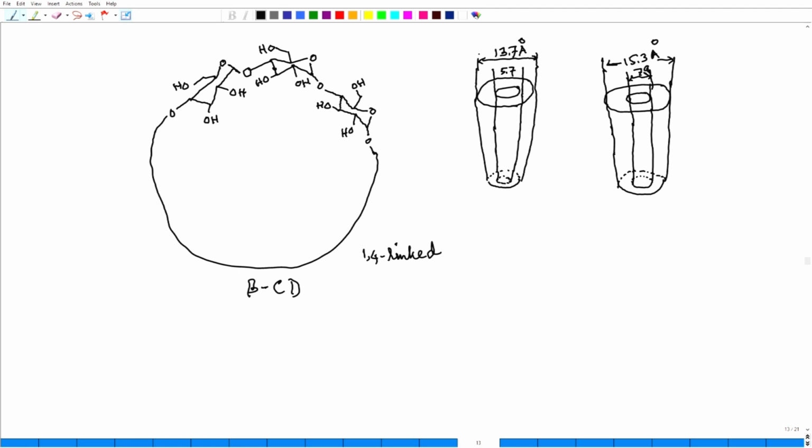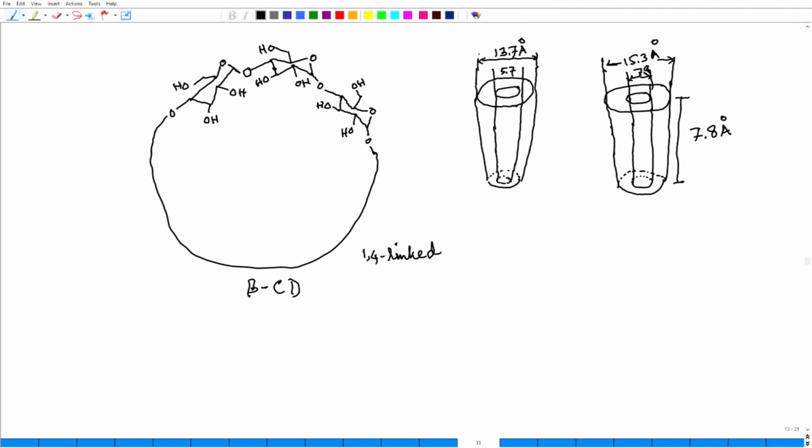Okay. And what is the depth? Depth is from here to here, is 7.8 angstrom. Okay. 7.8 angstrom when it is gamma.